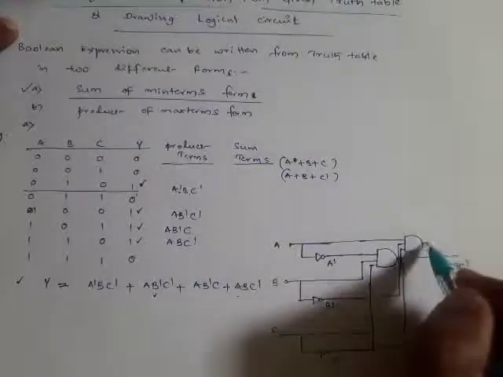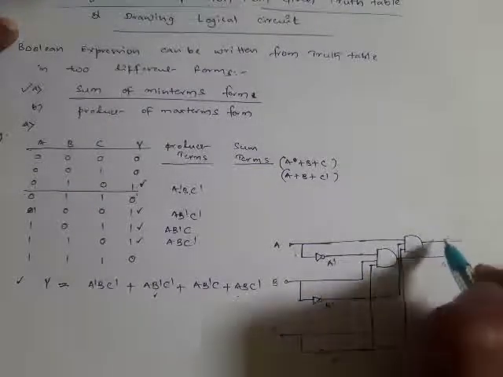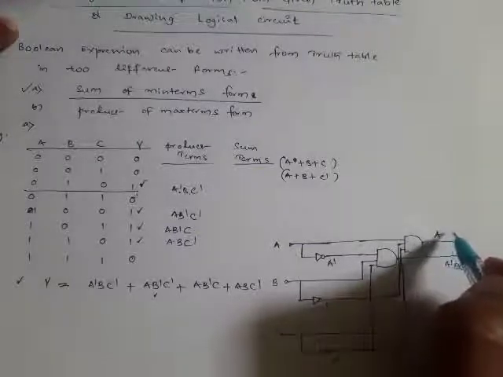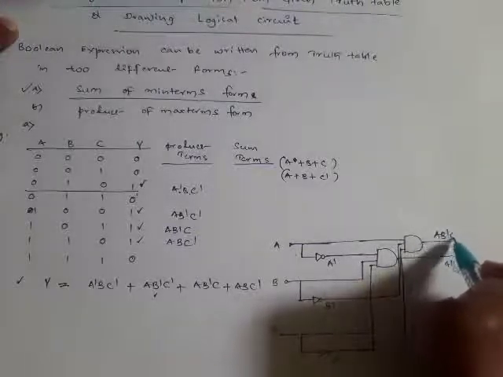The output of this AND gate is A B bar C bar.